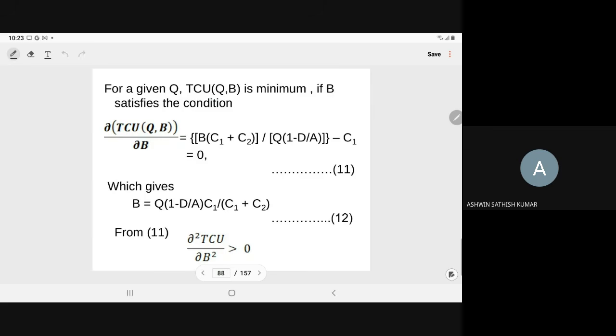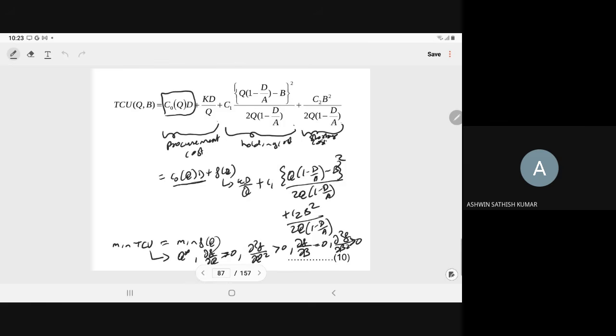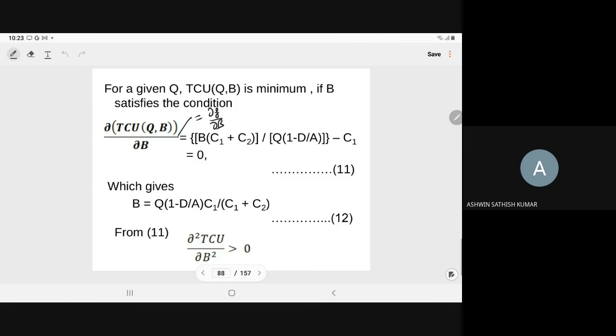Del TCU of Q comma B by del B is equal to del F by del B, because if you differentiate with respect to B, there is no B quantity in the other part. So either you compute del TCU by del B or del F by del B, both will give the same result. We have already seen this derivation.